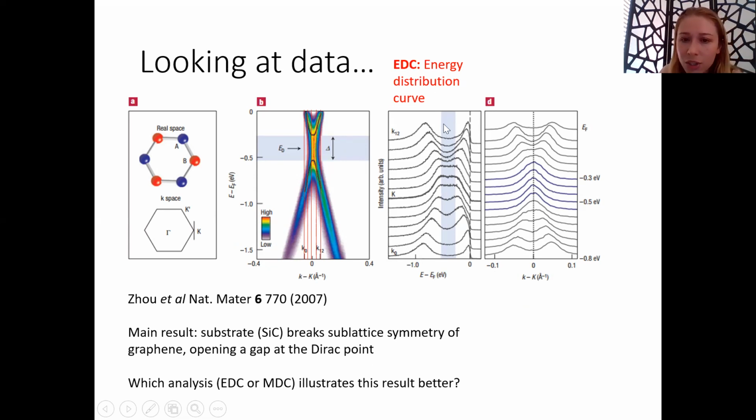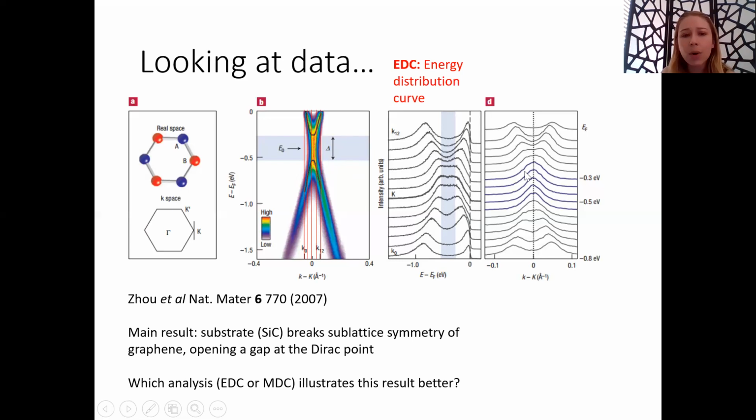If you look at the EDC, you can see there's a peak at higher binding energy and a peak at lower binding energy. Lower binding energy means closer to zero. Those peaks never quite meet. There's always a gap between them, and this is indeed a gap in the graphene surface state.